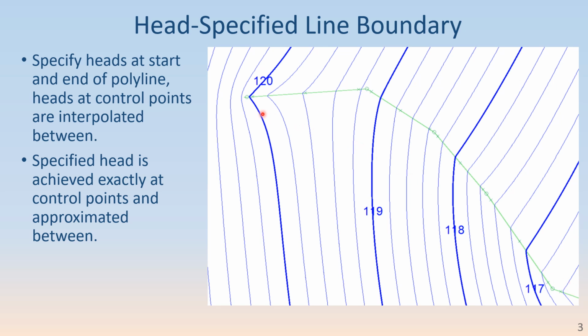There are 3 parameters per line, so there are 3 control points, these little X's, on each line segment. The head at this particular first control point isn't 120, it's a little bit below that because of the interpolation from 120 at the very end down to something below 120 at that control point.